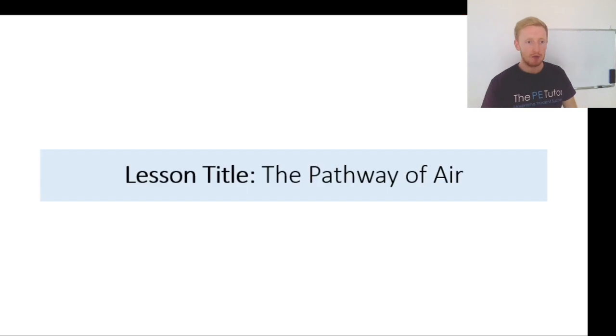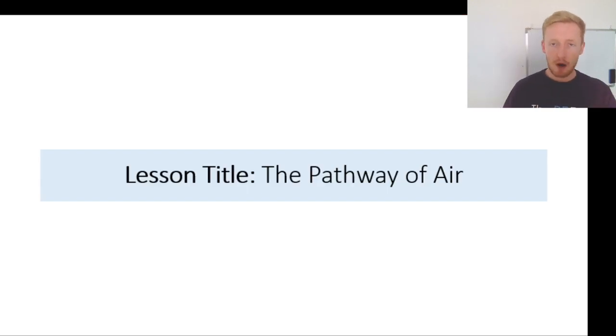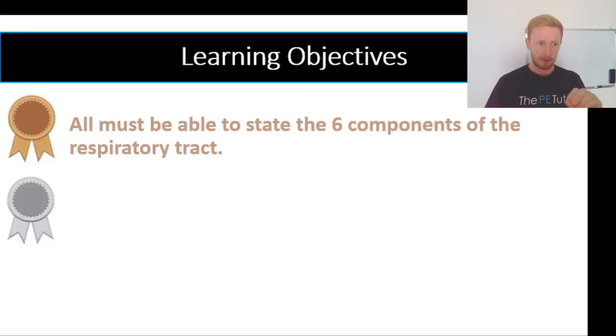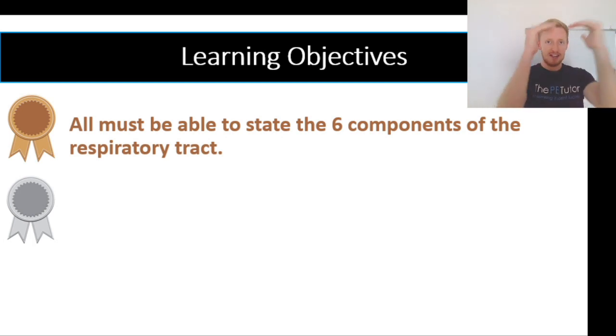Okay? So today we are going to look at the pathway of air, and then halfway through this group class, we will be looking at gaseous exchange at the alveoli. To start with, we are going to be able to state the 6 components of the respiratory tract, so the 6 different regions or pathways that air goes through. We're not talking specifically about oxygen and carbon dioxide at this point.